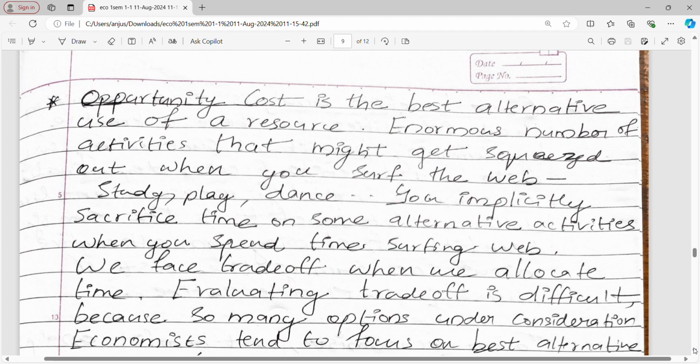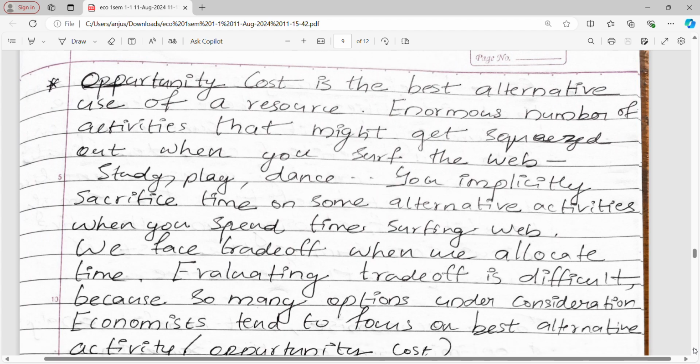Next is opportunity cost, one of the most important concepts of economics. Opportunity cost is the best alternative use of a resource. An enormous number of activities might get squeezed out when you surf the web: you may study, you may play, you may dance, you may listen to music.